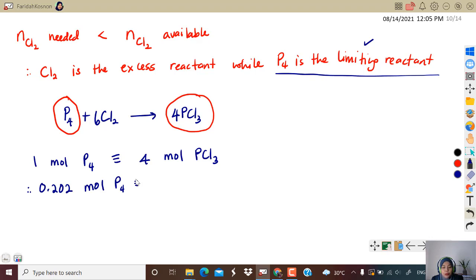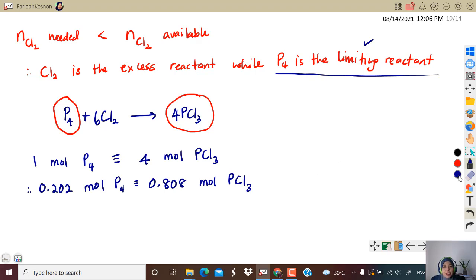Maksudnya 0.202 bahagi 1 darab 4. Okay, saya harap awak tekanlah kalkulator. So, saya perlukan lebih kurang 0.808 mole PCl3. Okey, baiklah. Jadi, 0.808 mol ini bersamaan dengan berapa gram?